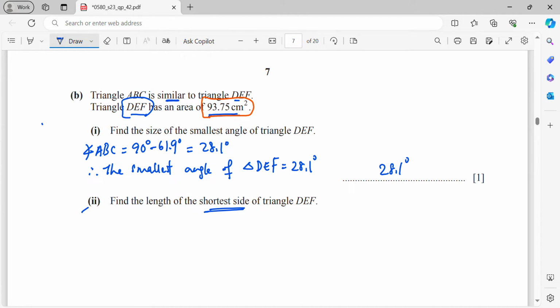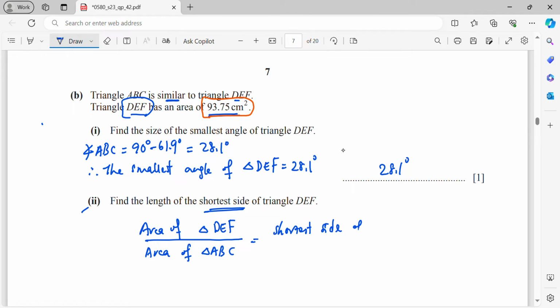So I will just write: area of triangle DEF over area of triangle ABC equals shortest side of triangle DEF over shortest side of triangle ABC.